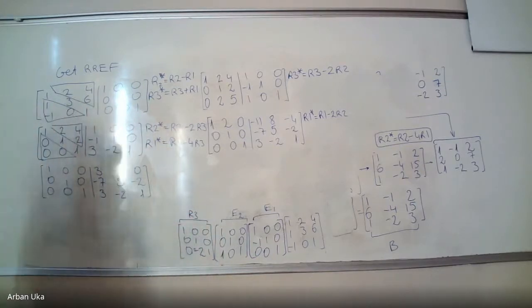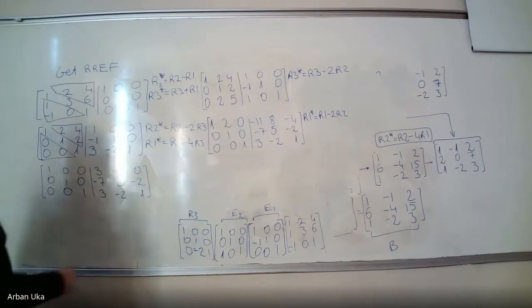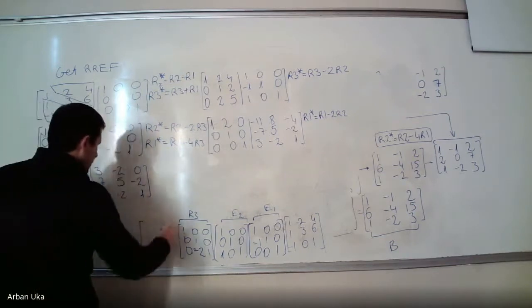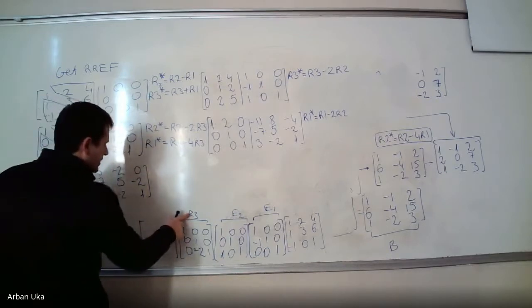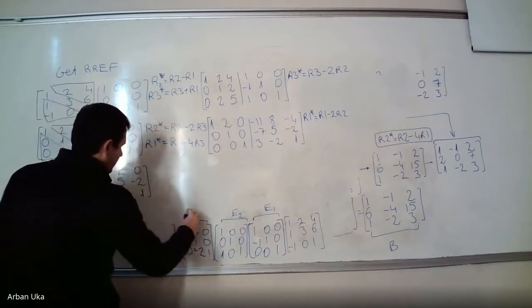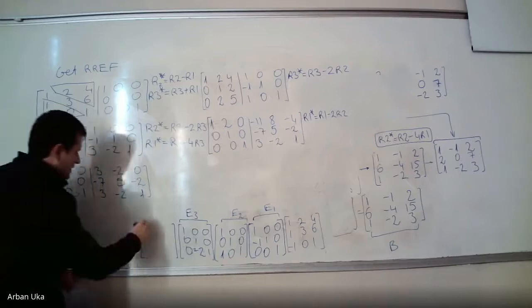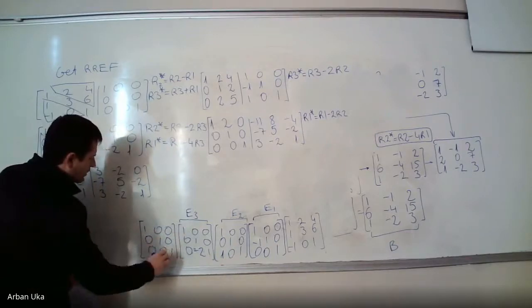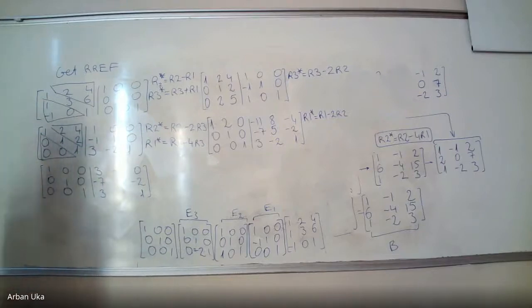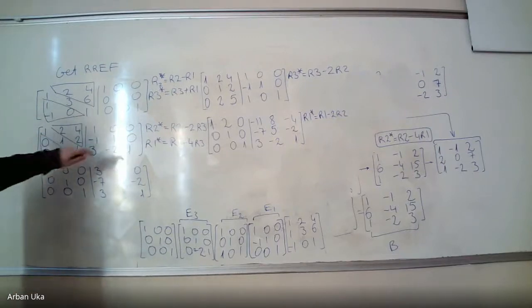So we can continue like this. What is the next one? Row 2 minus 2 row 3. So we go again. Sorry, I wrote here row 3, but this is E3. So I guess you are faster than me in calculating these. 0, 1, 0, 0, 0, 1. And again, where are we? We are here.